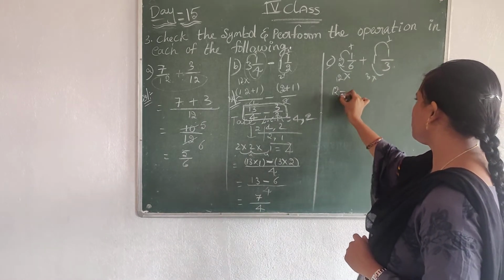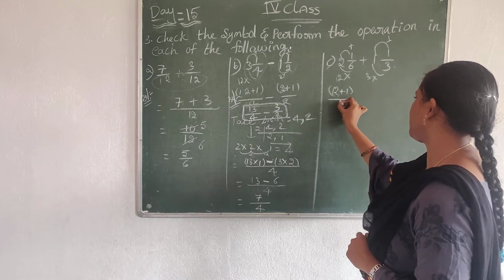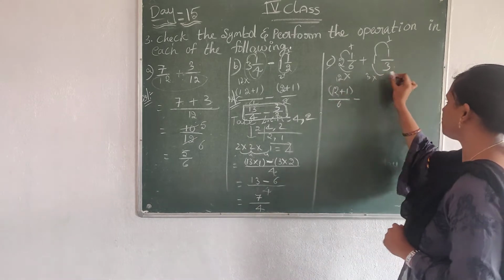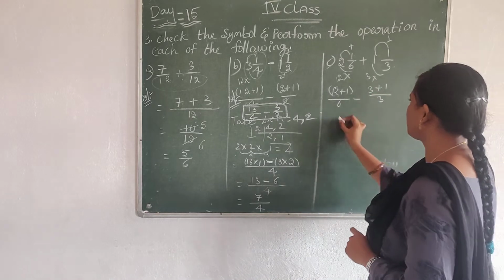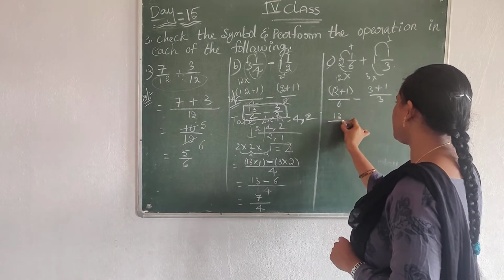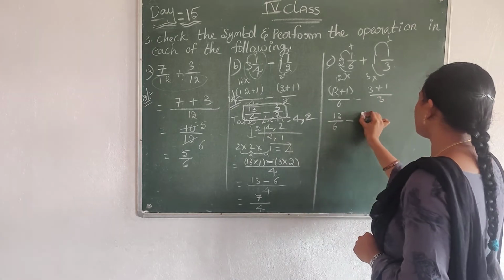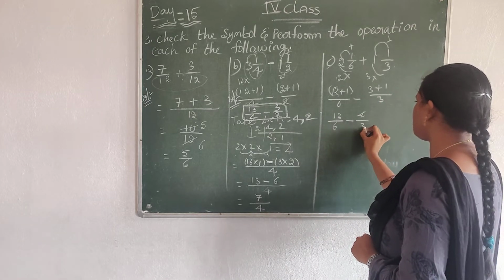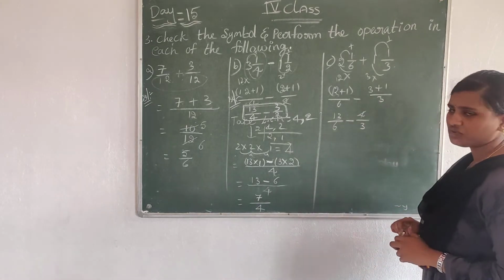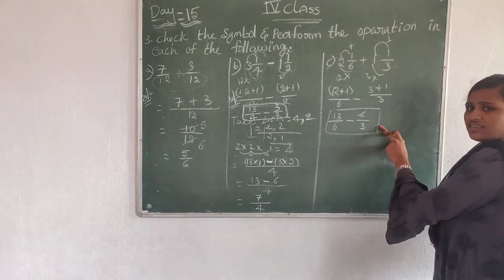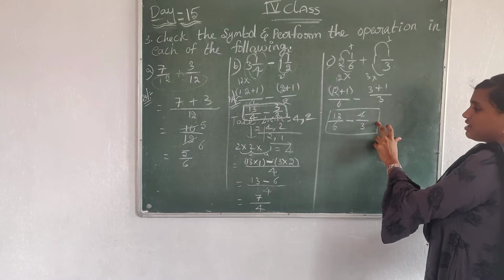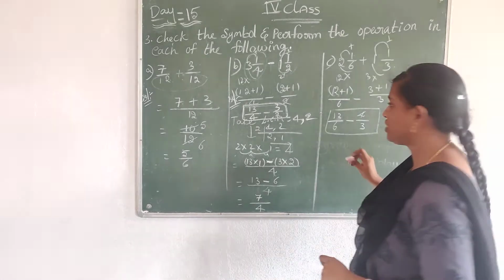Here 12 plus 1 by 6, plus 3 1s is 3 plus 1 by 3. Let's see. 13 by 6 plus 3 plus 1 is 4 by 3. Here we have 6 and 3, remember the LCM. Consider this as a quotient.